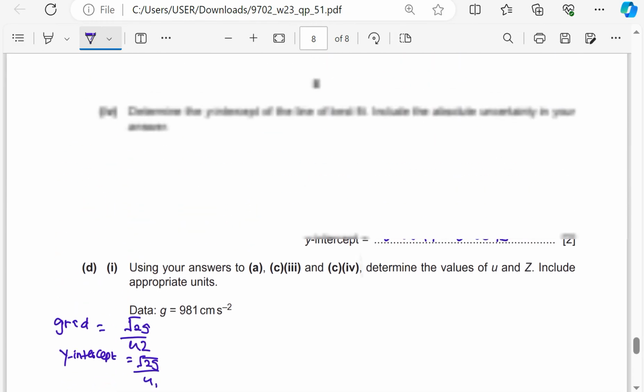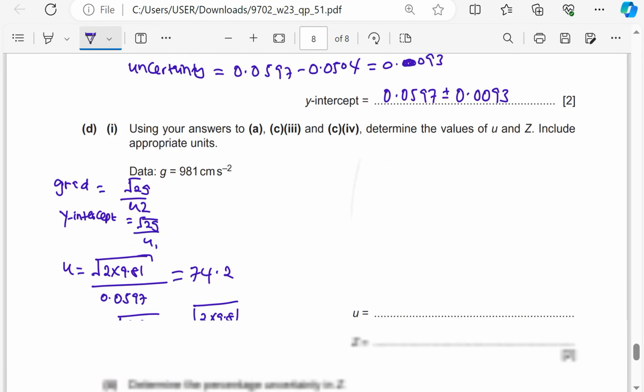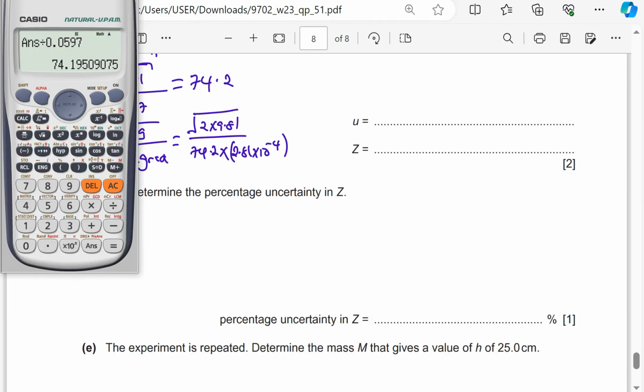And our gradient was 2.81 times 10 to the power of minus 4.